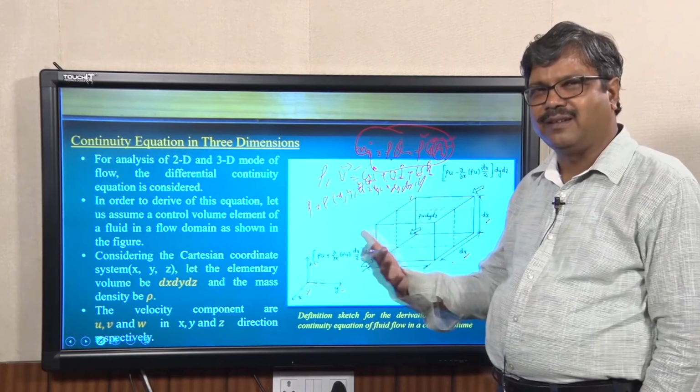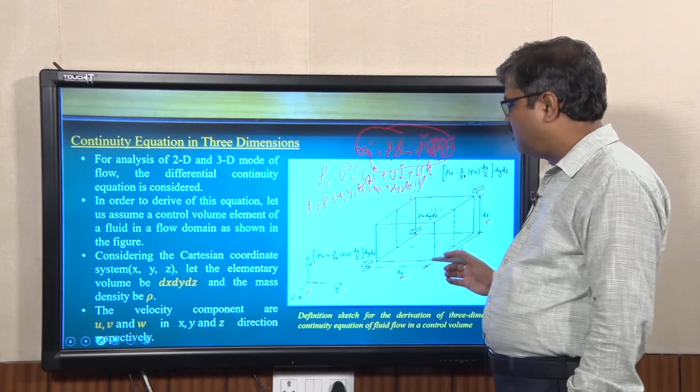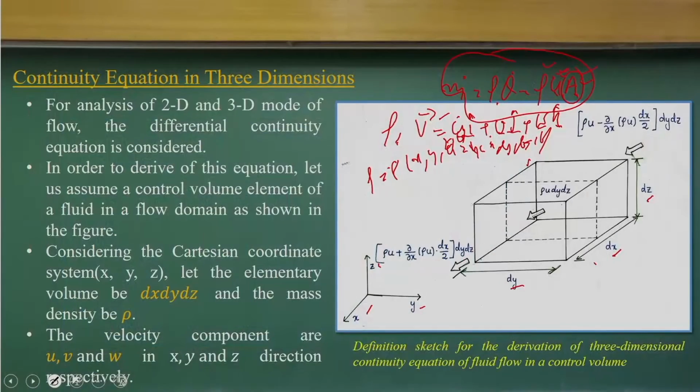But looking at a small control volume here, I try to find the net mass influx going in the x direction, the net mass influx in the y direction, and the net mass influx in the z direction. That summation should be equal to the mass change in the storage of this control volume.